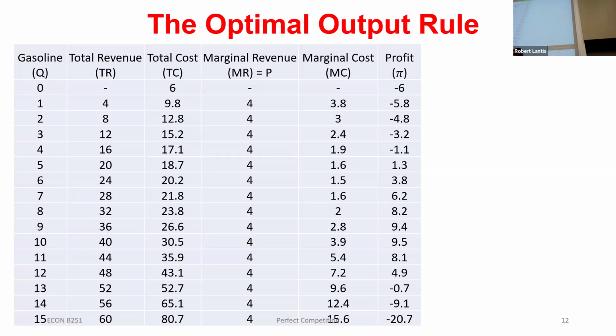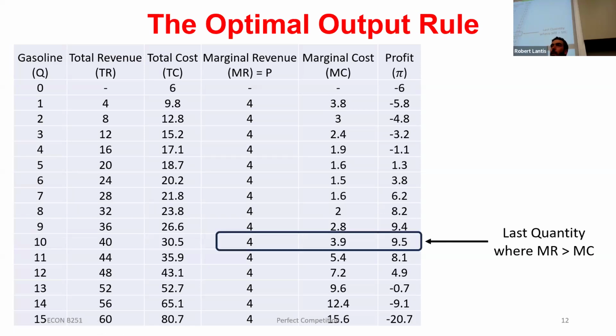I'll produce up to the point as long as marginal revenue is greater than or equal to my marginal cost, and that will be the point at which profit levels are maximized. Okay? So it doesn't matter if we use the difference between total revenue and total costs, or we simply look to see as long as the marginal revenue is above our marginal cost, both of them would lead us to the same optimal quantity here of 10.